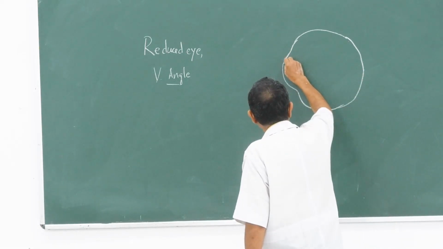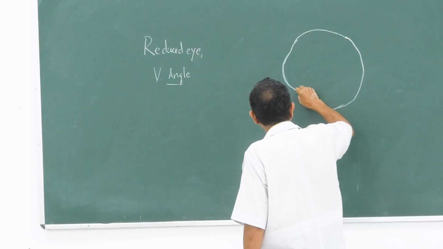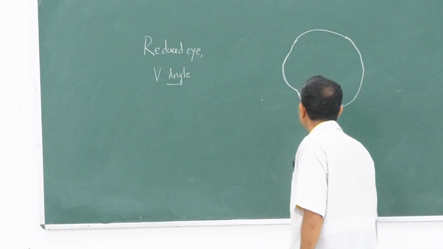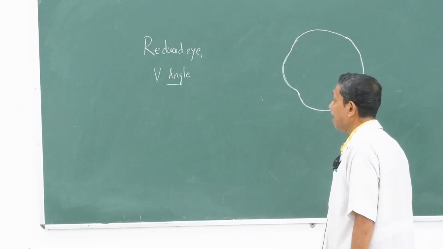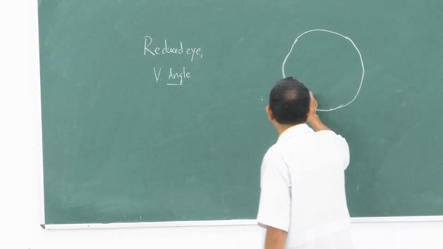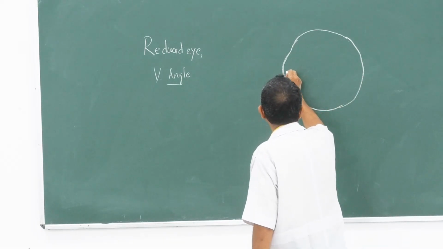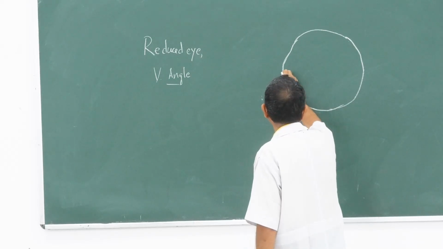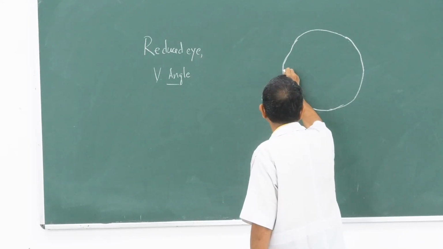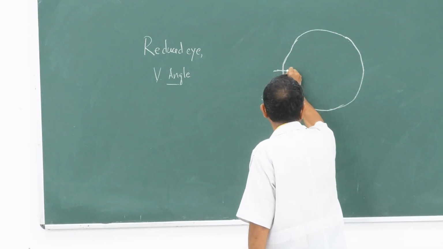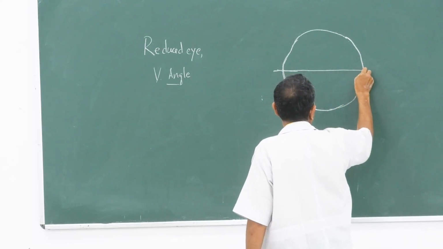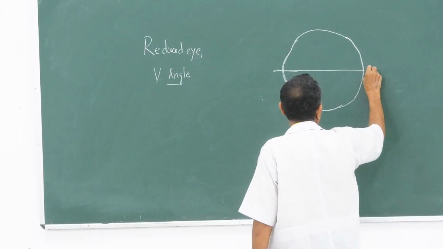Here all the refractive power is at the anterior surface of the cornea, and the nodal point of the eye, the optical center of the eye, lies toward the fovea centralis or macula, if you say.